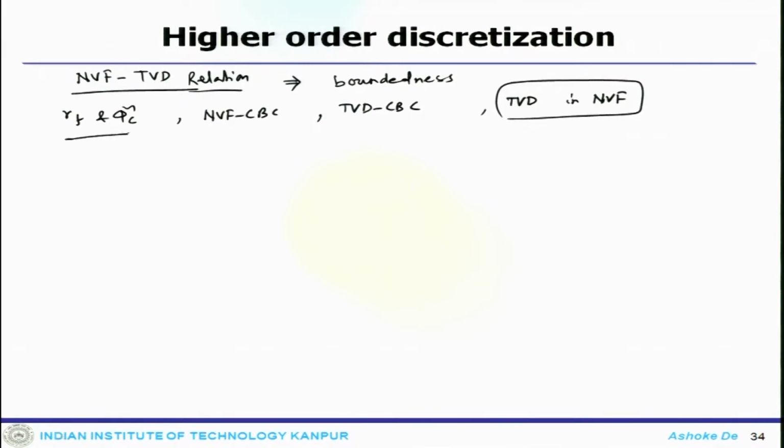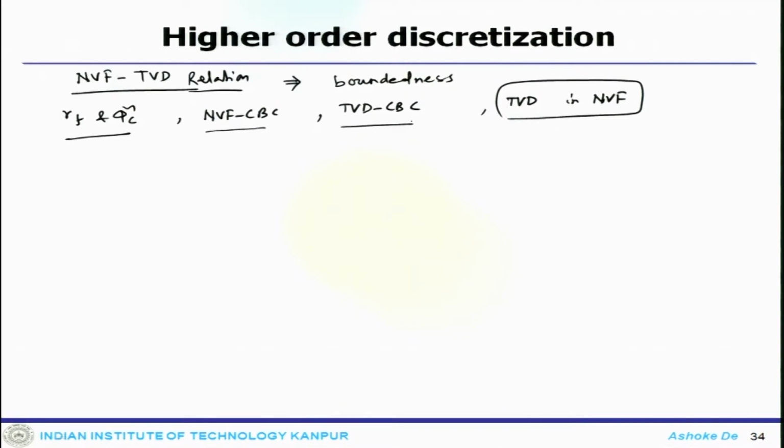First we need to find this, then use the NVF CBC relationship along with the TVD CBC information.